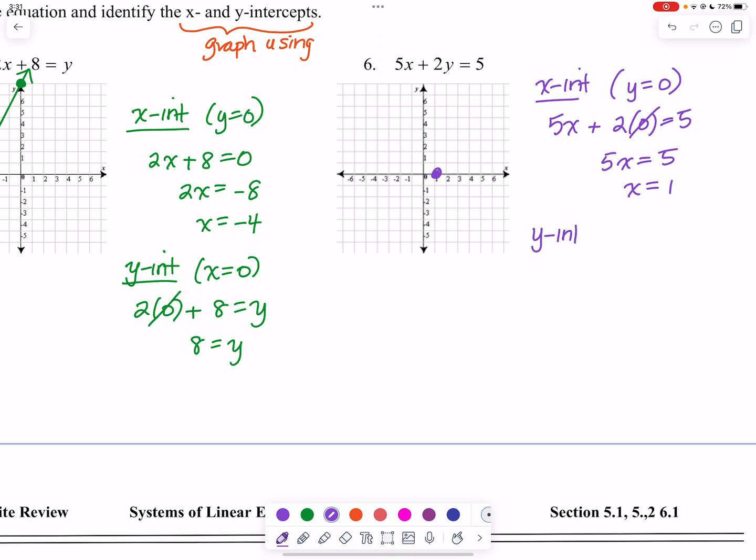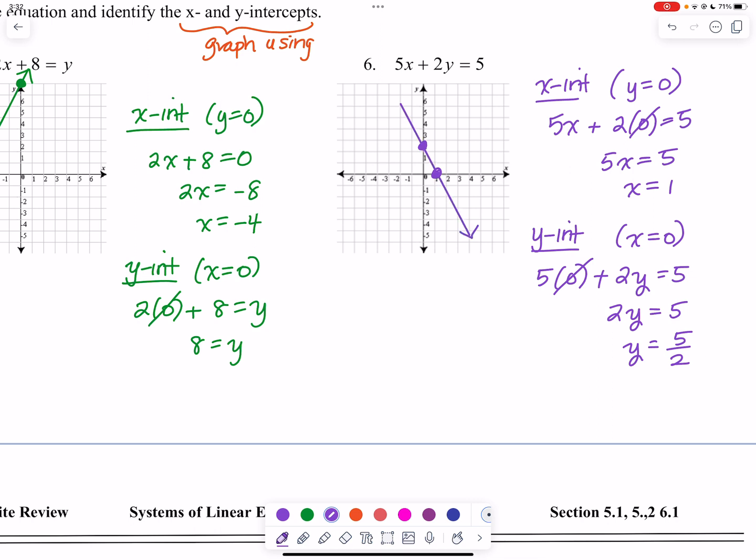Finding our y-intercept, we're going to let x be 0, so we have 5 times 0 plus 2 times y equals 5. 2y equals 5, and we will divide both sides by 2, and we have y equals 2.5. And so connecting these 2 points, we now have this graph.